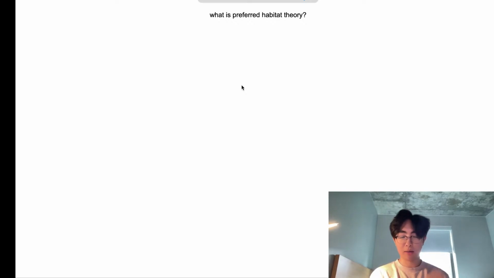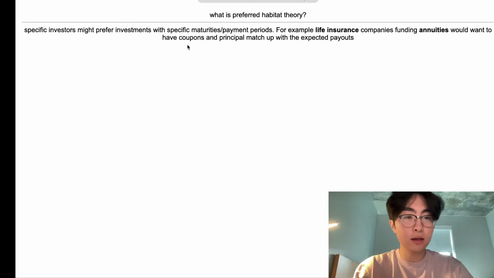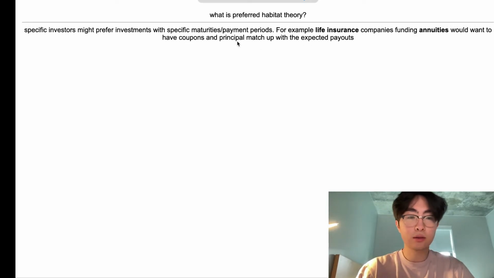On the capital market side, the property developer will look to use some of its excess cash to purchase mortgage-backed securities or any type of fixed income security that has cash flows every 12 months, which match up with the payment schedule for the mortgages it currently has outstanding for the properties. I prefer specific investments, specific maturities, payment periods, right? For example, life insurance companies funding annuities want to have coupons and principals match up.